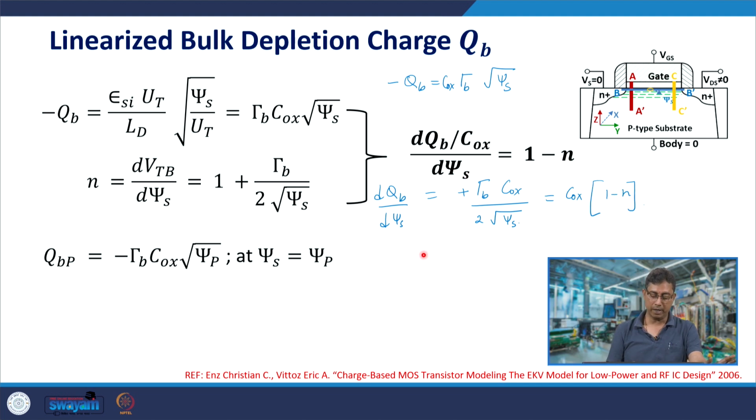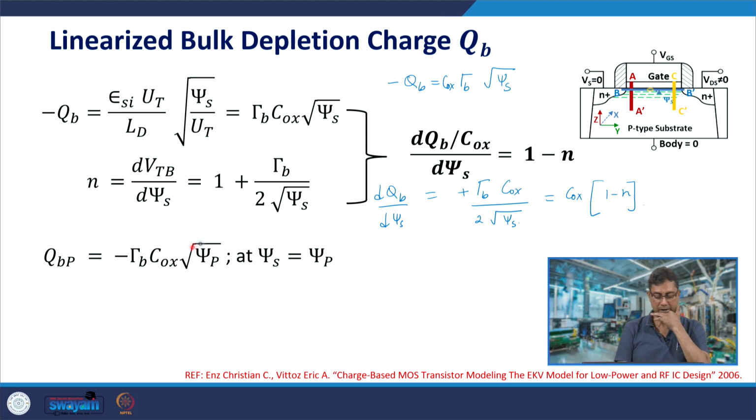Now, what implication does it have? We will discuss that. So, as you are going from the source edge to the drain edge, the depletion charge is keeping on increasing for a non-zero drain voltage, positive drain voltage. Now, let us define a term QBP, which is the value of depletion charge for psi p, that is pinch off potential.